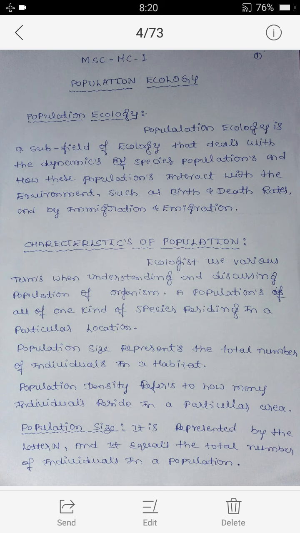Population size is represented by the letter n and it equals the total number of individuals in a population.